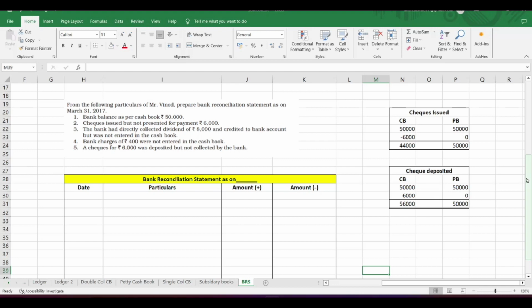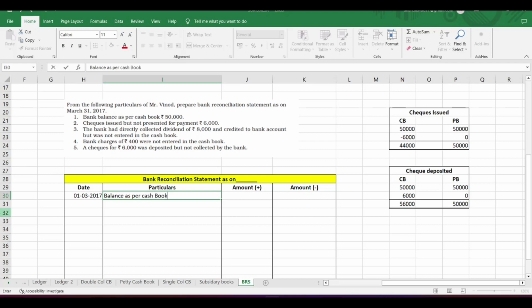Here it's not mentioned, so we will consider it as a positive, favorable balance itself. So on March 31st, balance as per cash book 50,000. Next, checks issued but not presented for payment 6,000.